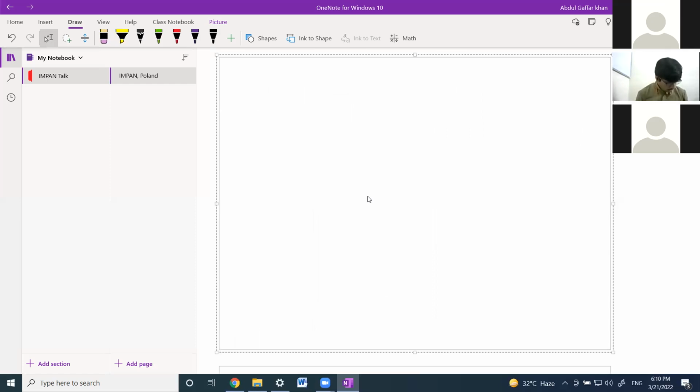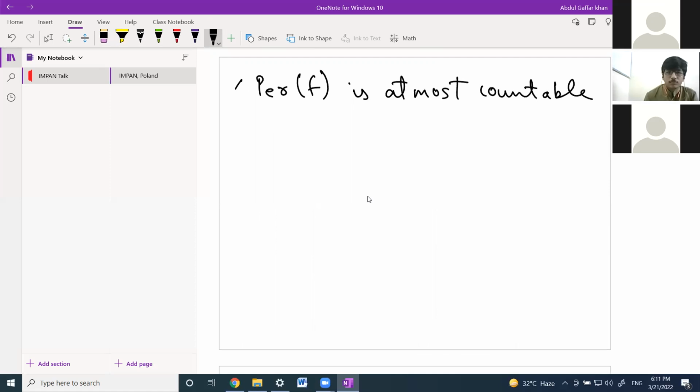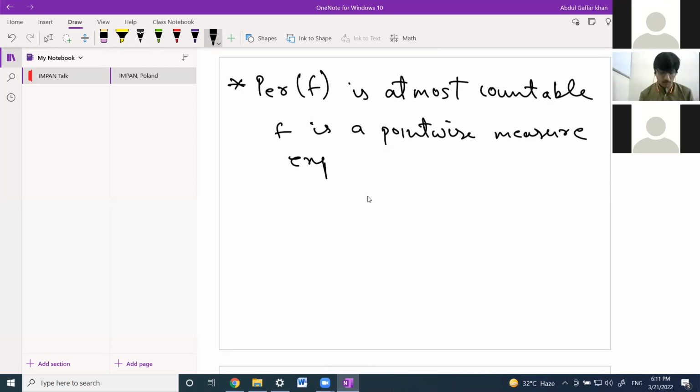So you observe that the set of all periodic points that we have studied is at most countable, which we quoted earlier, provided f is pointwise measure expansive, f and f inverse are uniformly equivalent, and X is compact.